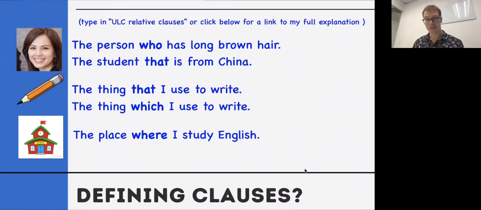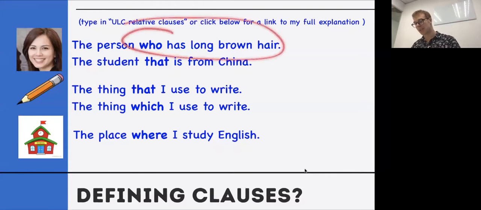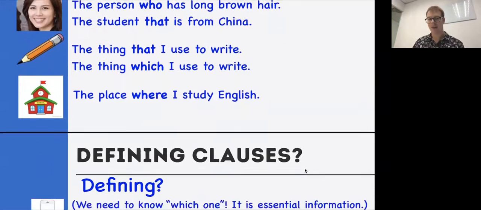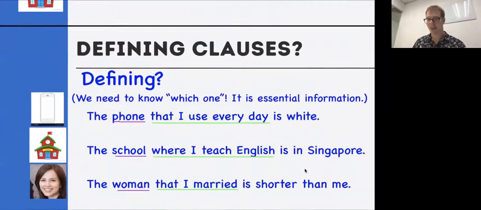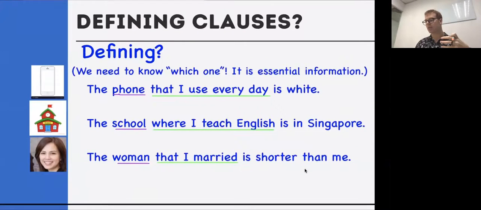We know a lot of different people. When I go to work, I see person, person, person, too many people. So I use the who to tell me which one. If I say the word defining, it's the kind of sentence where I need to know which one. And because I need to know it, it's very important. We call it essential information.